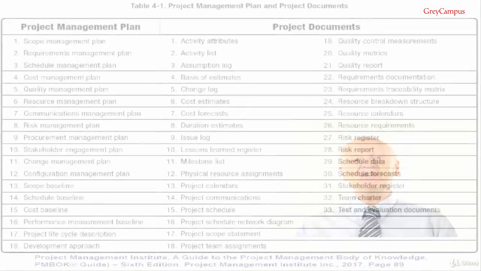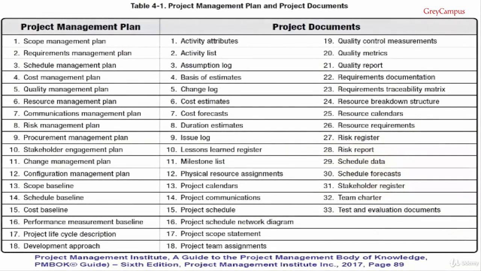As you will see later in the course, a project management plan is a collection of 18 sub-plans and baselines, including the project management schedule baseline. The project management schedule baseline is simply the agreed and authorized version of the project management schedule. The project also uses 33 documents, simply known as the project documents. These are used by the project management plan, but they're not part of the project management plan.